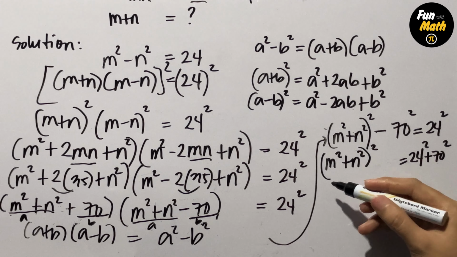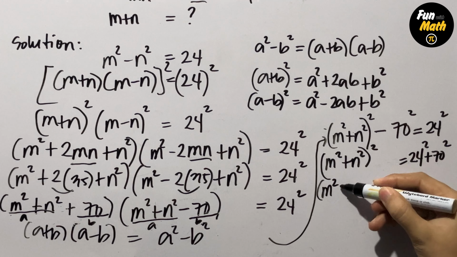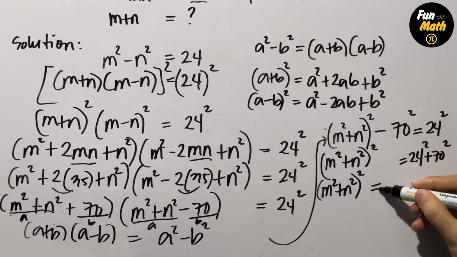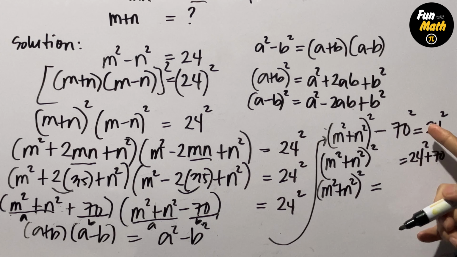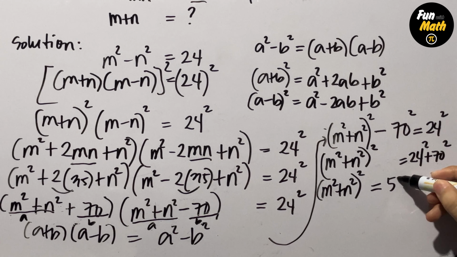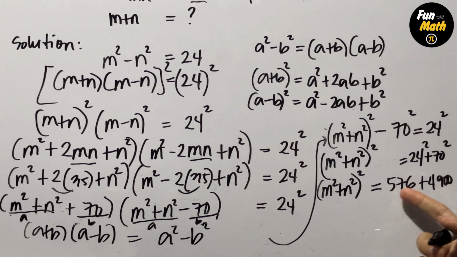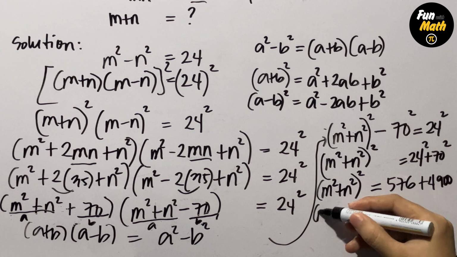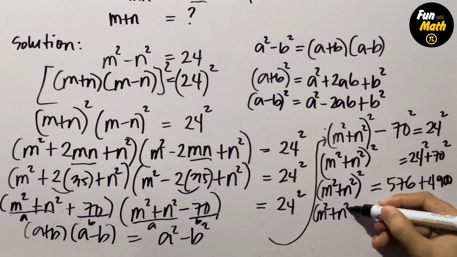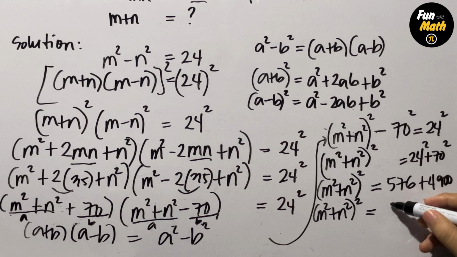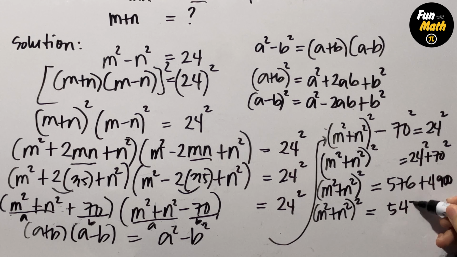And this is m squared plus n squared whole to the power of 2 is equal to 24 squared is 576 plus 70 squared is 4,900. And if we add, this is now m squared plus n squared whole to the power of 2 is equal to 5,476.